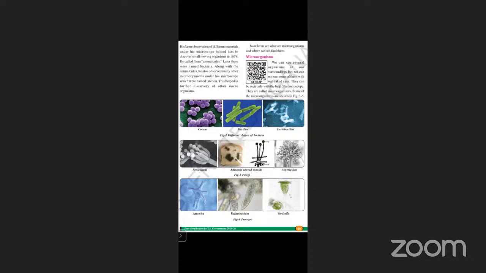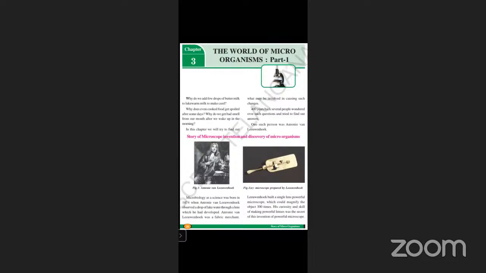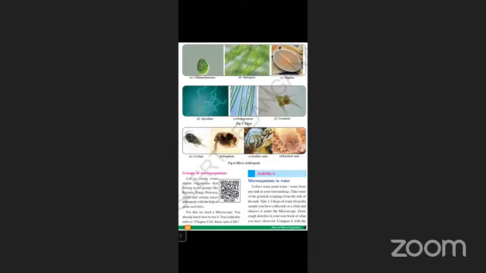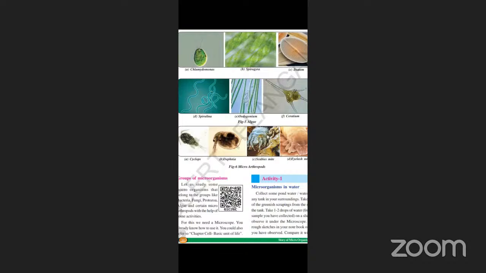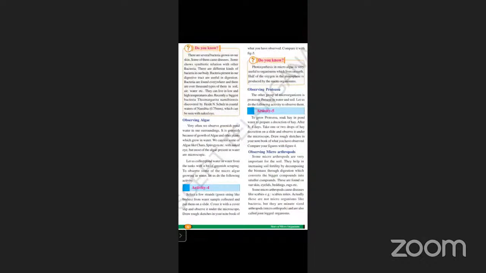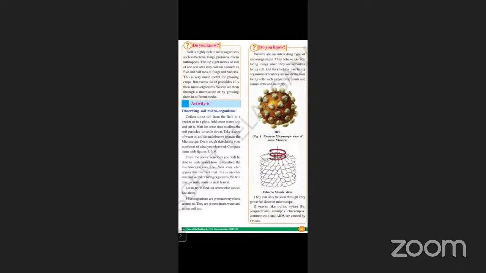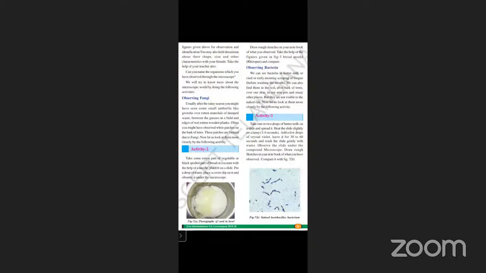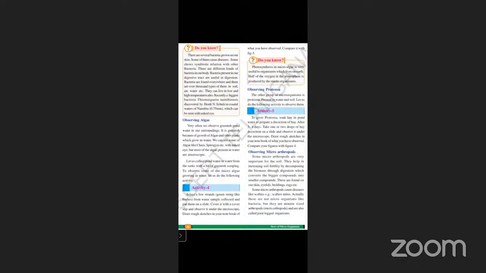The group of algae is given here: Chlamydomonas, Spirogyra, Diatom, Spirulina, Oedogonium, Ceratium. You can compare with the particular algae and try to identify your sample.